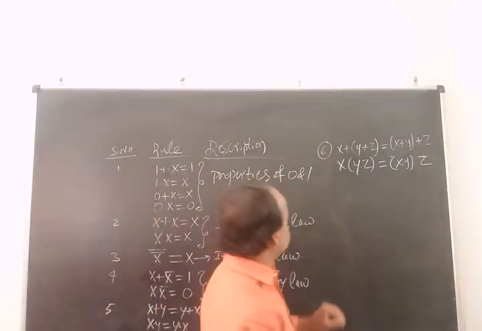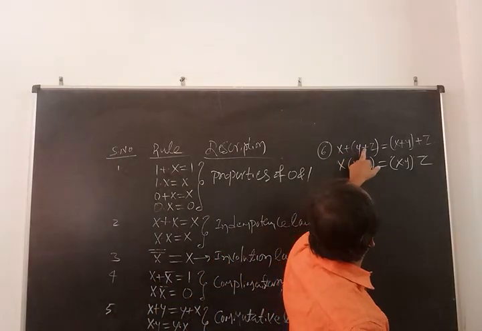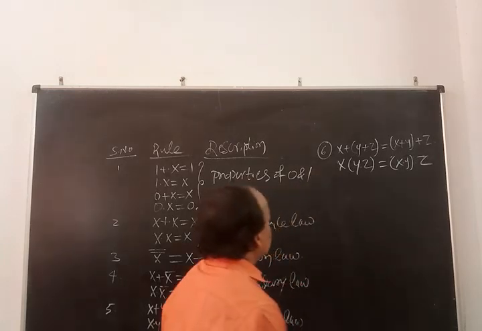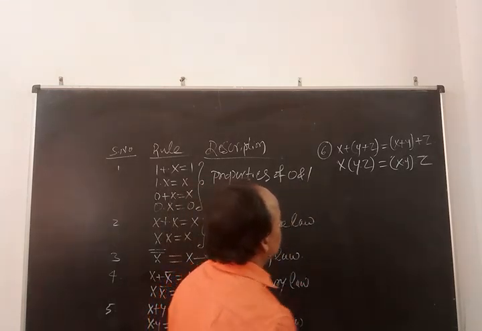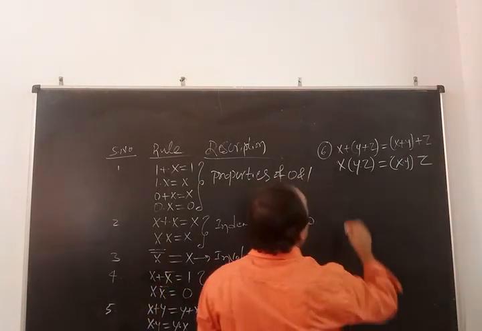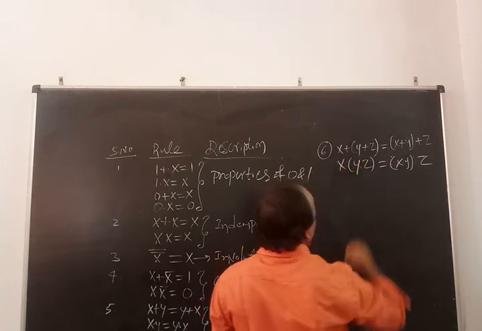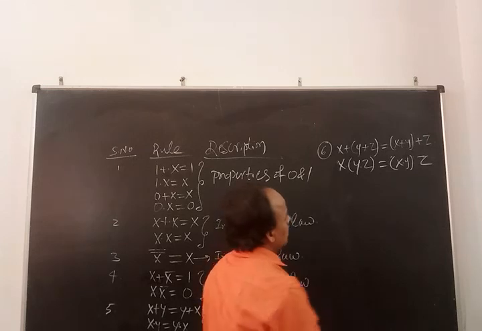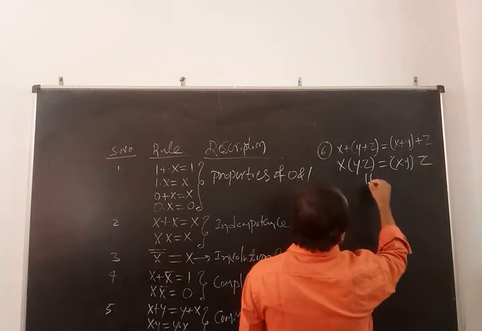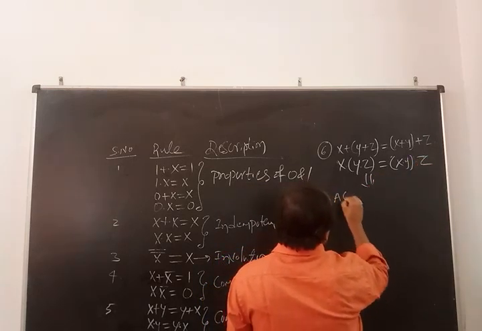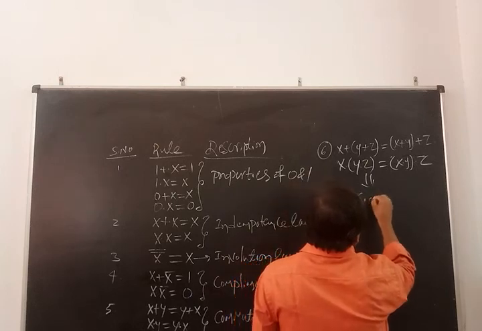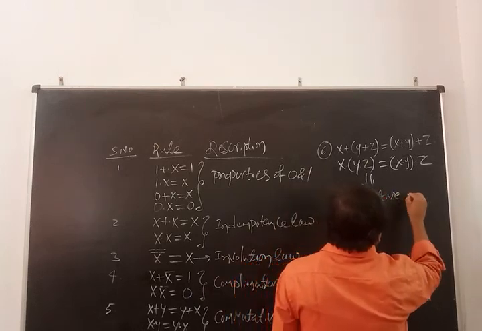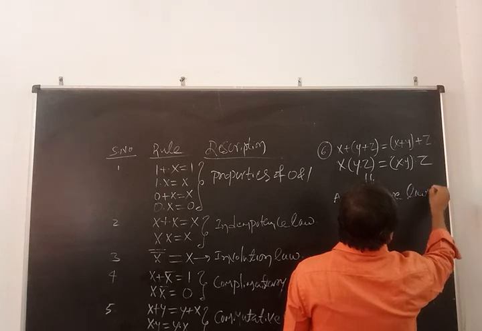This associative law states that x plus bracket of y plus z can be written as bracket of x plus y plus z. Second one, x into bracket of y into z can be written as bracket of x into y into z. These two are associative laws.